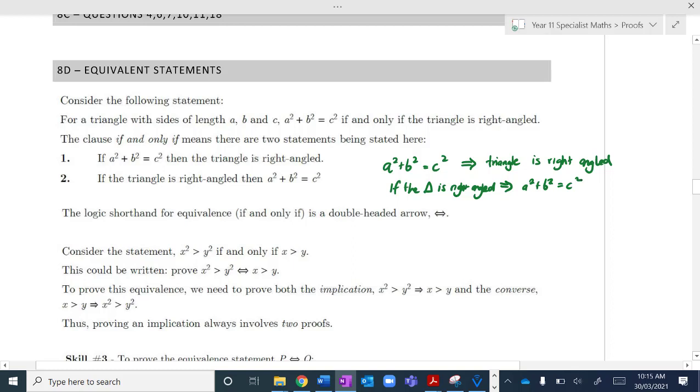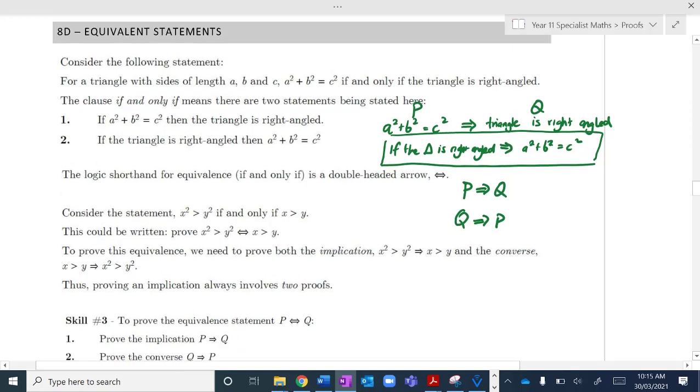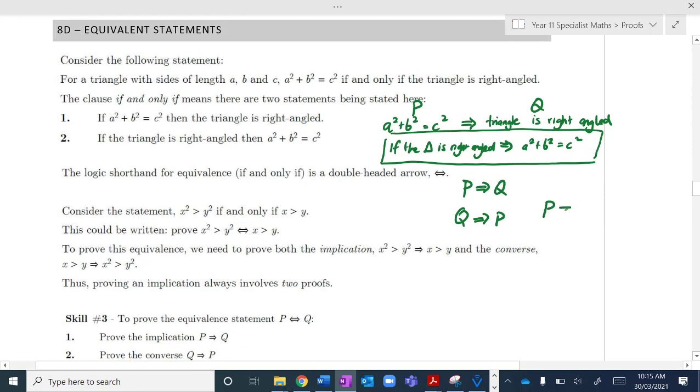Now, what if it goes both ways? We can say that this is what we call the converse of the other statement. If I call this P and I call this Q, we can say that P implies Q, and the converse is Q implies P. Now, if P implies Q and Q implies P, then we've got an equivalence, and we can use what we call a double-headed arrow.